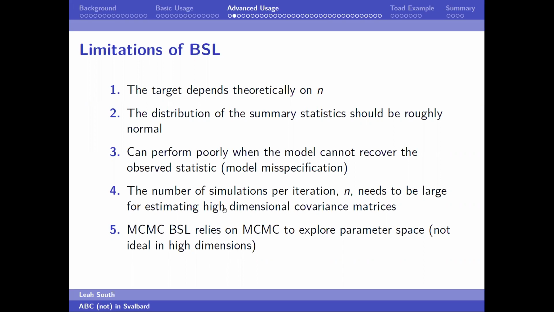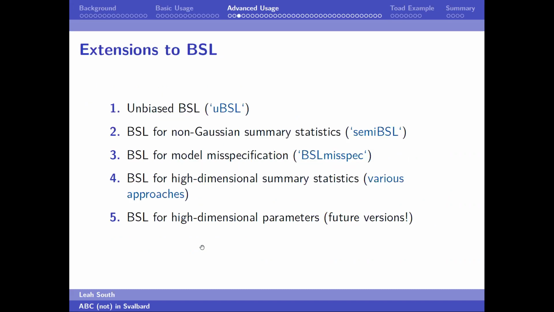Also, if you've got a high dimensional summary statistic, which you might like so that you don't lose as much information from your data, then that can be an issue as well because you need to simulate a large number of data sets in order to estimate your covariance of your summary statistics. And then finally, this package is based on MCMC BSL, which relies on MCMC to explore the parameter space. So that's not going to be ideal if you've got a high dimensional parameter.